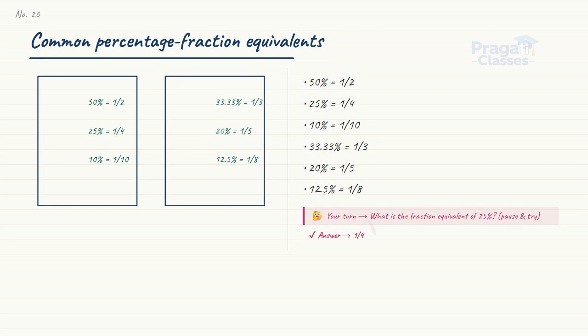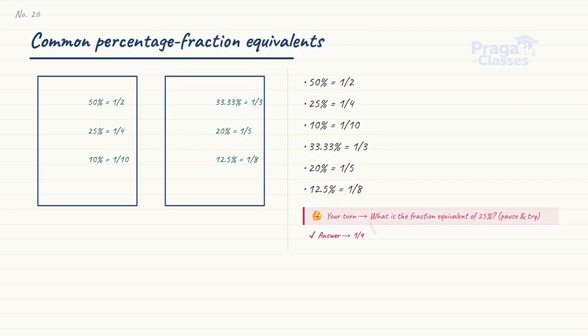Look at the board, 50% is exactly half, so it's 1 over 2. 25% is a quarter, 1 over 4. 10% is 1/10, 1 over 10. A tricky but super useful one, 33.33% is 1/3. 20% is 1/5 and 12.5% is 1/8.